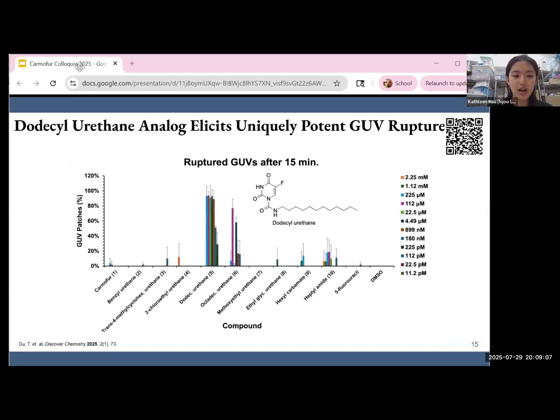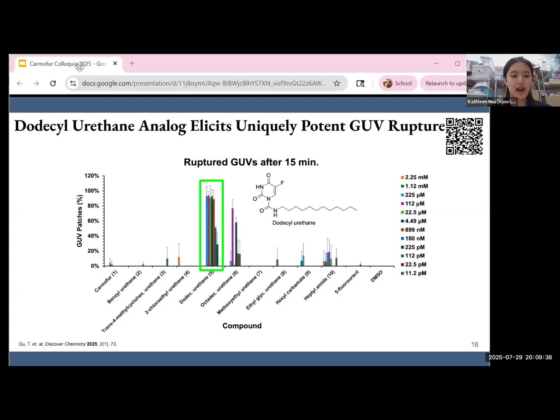So here's a bar plot of the average percent of GUVs ruptured after a 15-minute incubation with each of our compounds at different concentrations. So overall, you can see on the bar plot that our lipidated analogs of Carmofur, when compared to Carmofur, result in a much higher GUV bursting capability, with a decline in bursting activity starting at concentrations around 5 micromolar, but with some extension into the picomolar range.